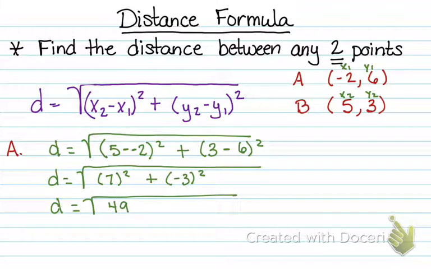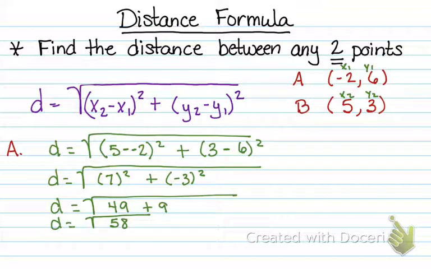And -3 times a -3 gives us 9. And now we're down to 49 plus 9 inside of the radical sign. We're going to add those together. So we get d is equal to the square root of 58. And we can't simplify any further, so that would be our closest answer. The distance between point A and point B is the square root of 58.